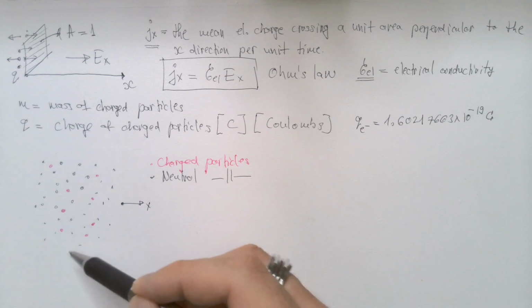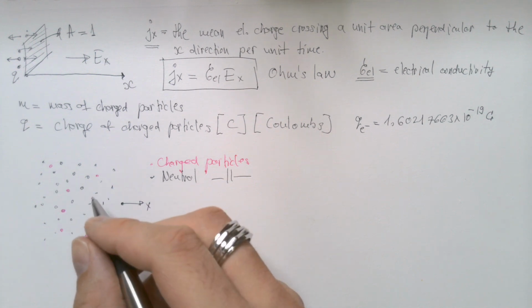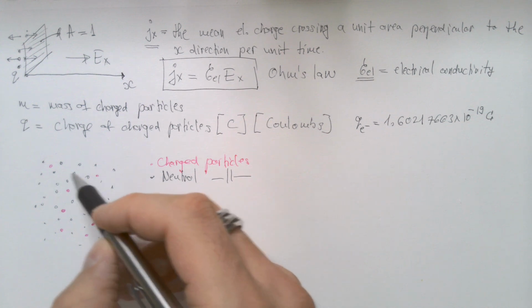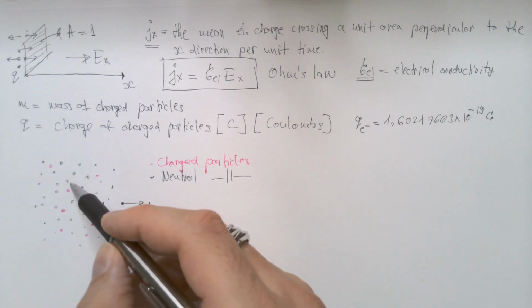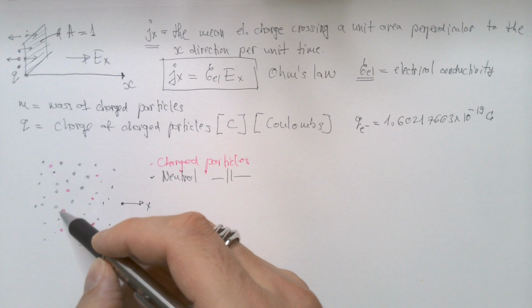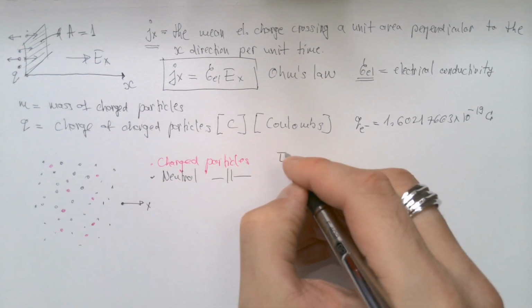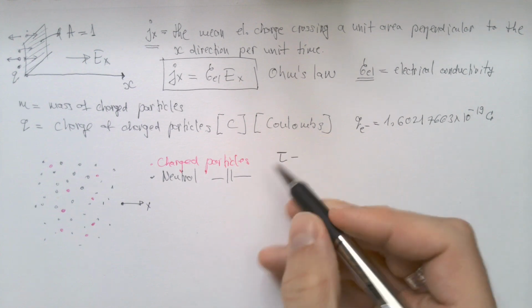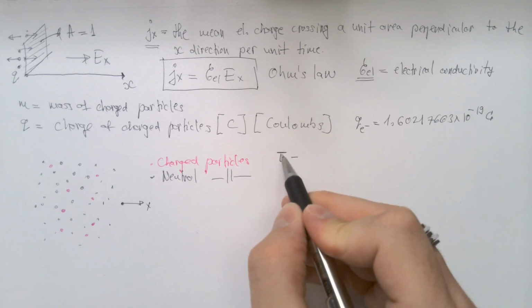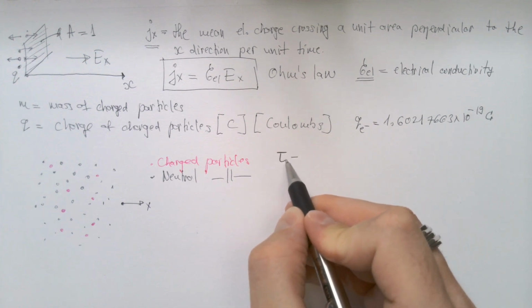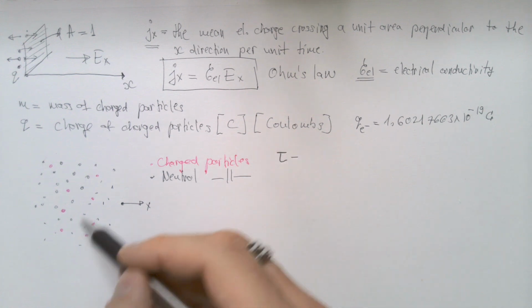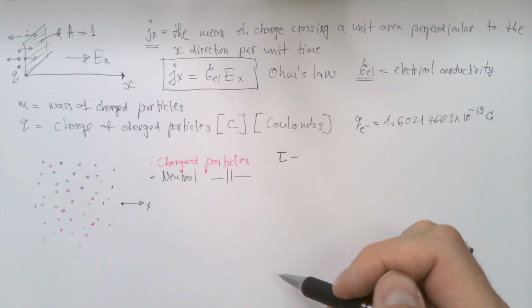From one of my previous videos, we know that there is an average time that these particles will travel before colliding with another particle, and we called that average time tau.